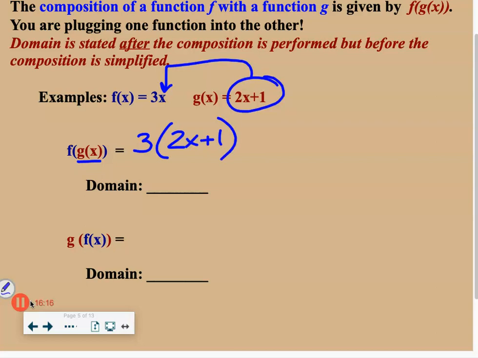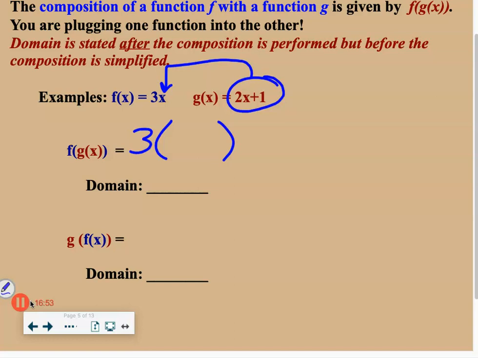Now, there is another way to think about this. If this works for you, great. If you don't need it, you don't have to use it. But what I sometimes teach students when they're composing functions is, we have f of something. Since my outer function is f, I write my outer function, but wherever I have an x, I put a parenthesis.